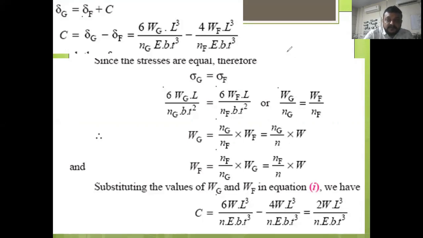Okay, so here delta G is equal to delta F plus C. And C is equal to deflection in graduated leaf minus deflection in full length leaf. C is the nipping. Okay, so we already calculated the delta in the initial slides. So what you have to do is, you have to do nothing, you have to use that equation to make it simplified.